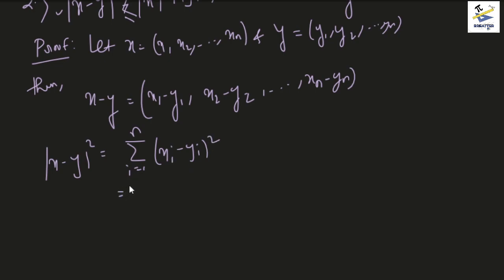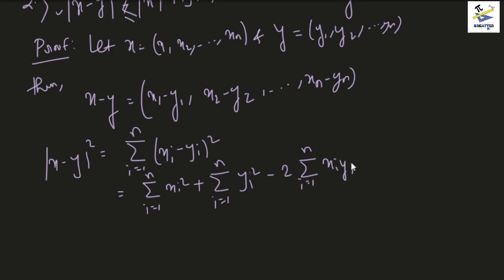And this would give us the sum of xi square plus the sum of yi square, and there would be minus 2 times the sum of xi yi, correct?